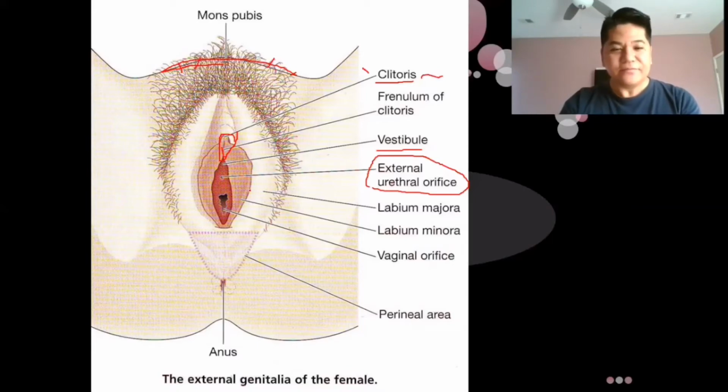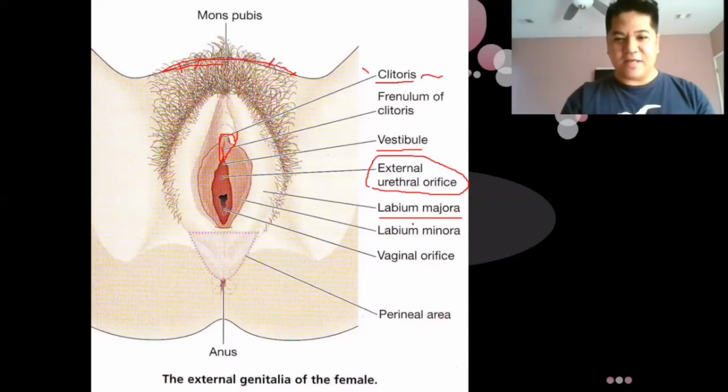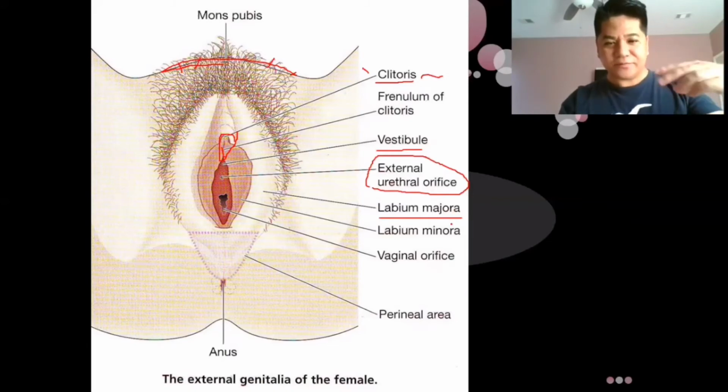orifice. Okay, then we also have your labia majora, a fluff of tissue that covers the vagina. So that is the labia majora. And then the labia minora is parallel to your labia majora.